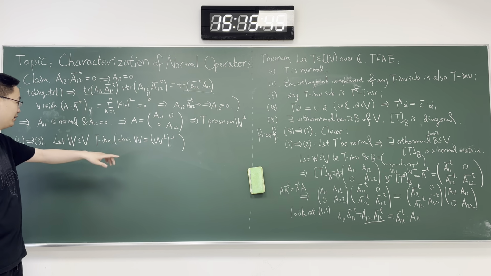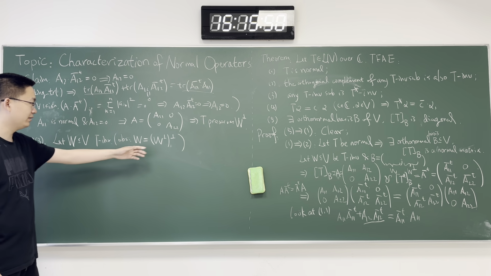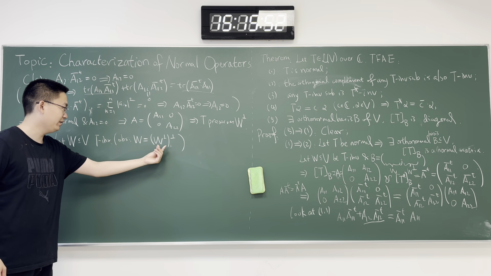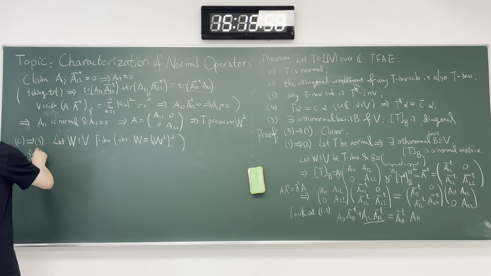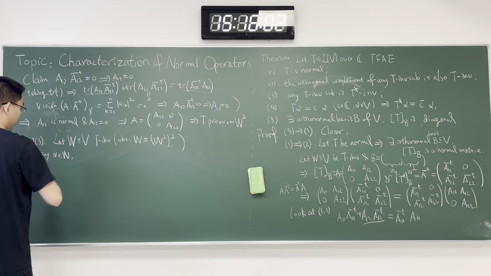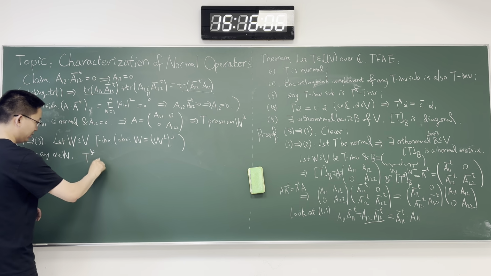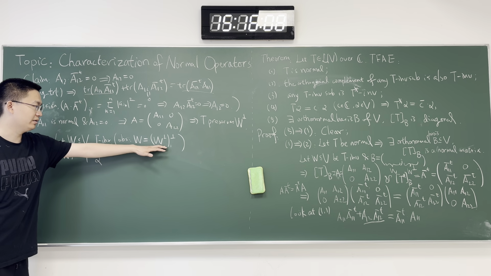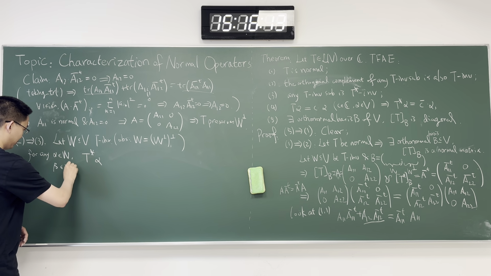So to check that a vector lies in W, it suffices to check that it is perpendicular to any vector in its orthogonal complement. So for any alpha in W, we should show that T star alpha is perpendicular to any vector beta in W perp.